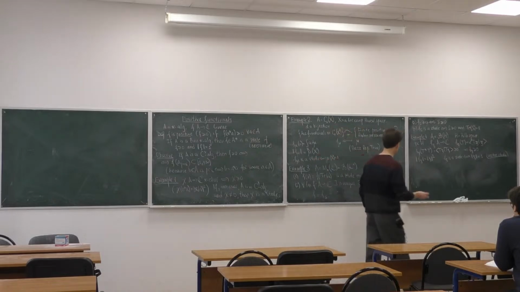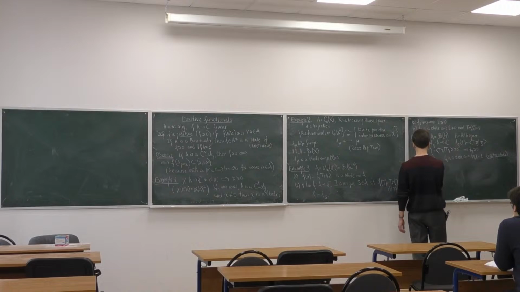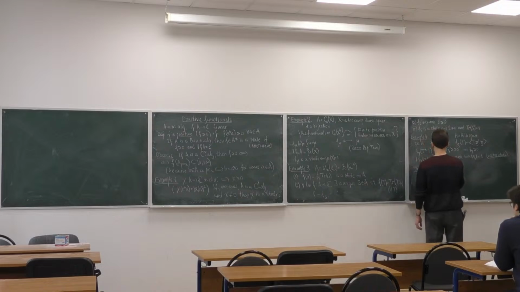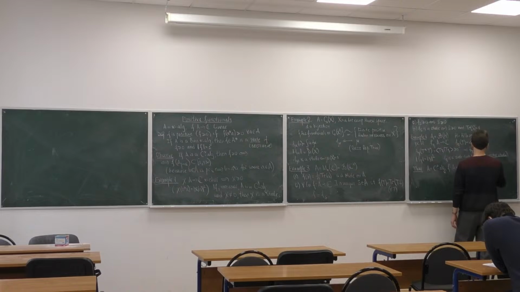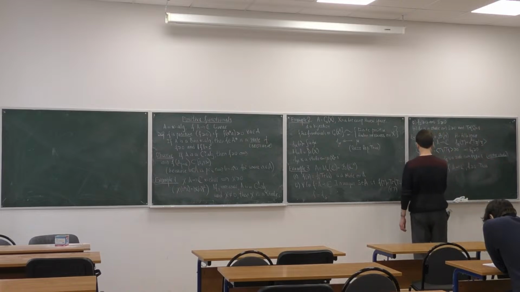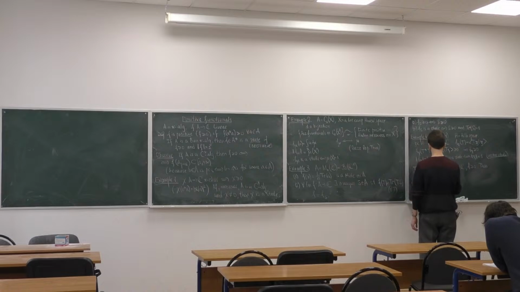Okay, let's now look at some basic properties of positive functionals. So we have the following theorem. Suppose that A is a C-star algebra and F is a positive linear functional on A. Then I claim that, first of all, it takes self-adjoint elements to real numbers.